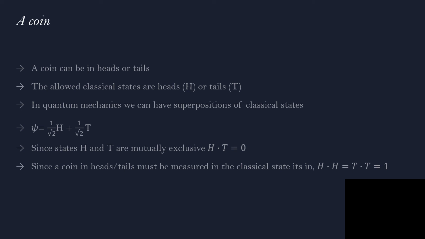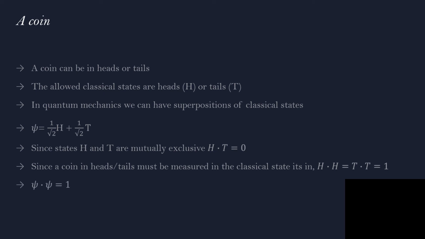Now we can use these two facts, the mutual exclusivity of heads and tails, and the fact that heads dotted with heads is 1 and tails dotted with tails is 1, to work out what the scalar product or the inner product of our state vector psi with itself will be.